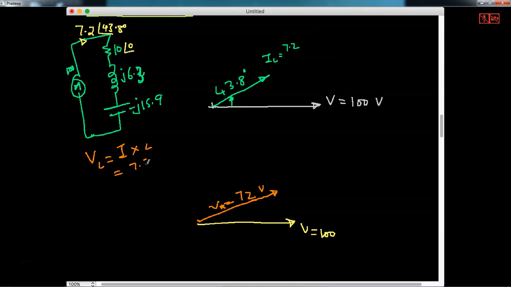Now what is J? J represents the imaginary axis, or in other words J represents a 90 degree shift. So the angle will be 90 degrees more. What is 7.2 multiplied by 6.3? Let me just calculate that quickly. It is 45.3.